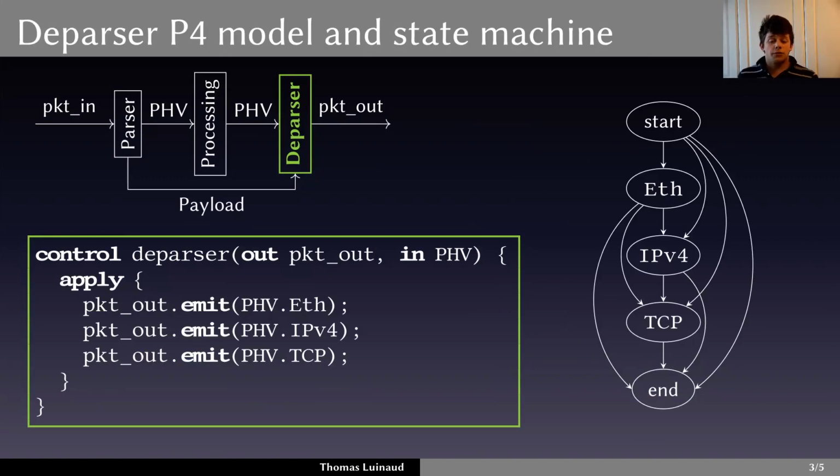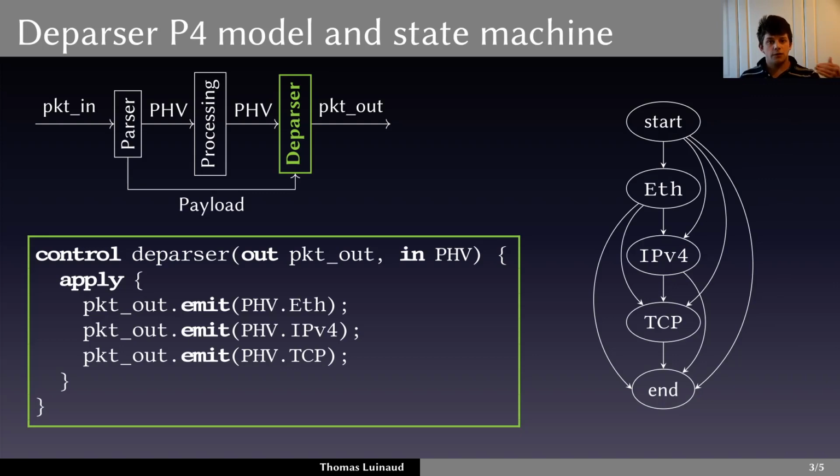So, how is a deparser modeled? Well, the way the deparser works is that you have to indicate in which order each header should be emitted. Here, I present a P4 code that represents a deparser for 3 protocols: Ethernet, IPv4, and TCP. On the right, you have the resulting state machine that can be generated from this code.